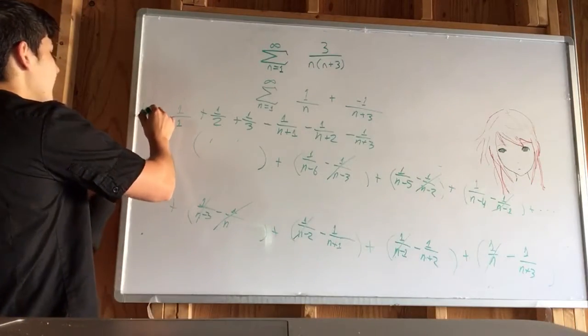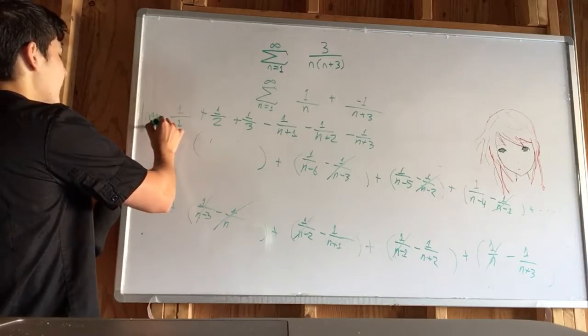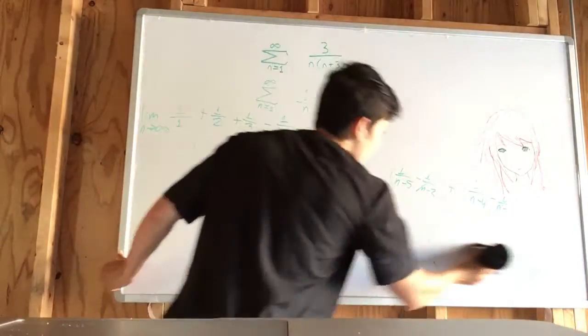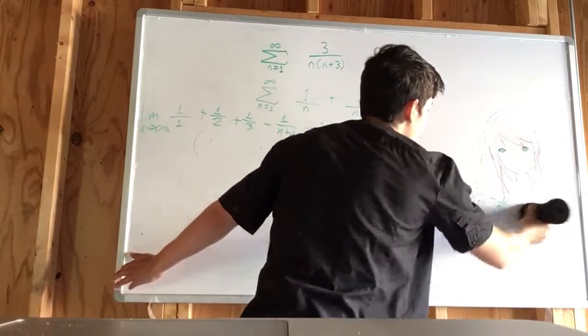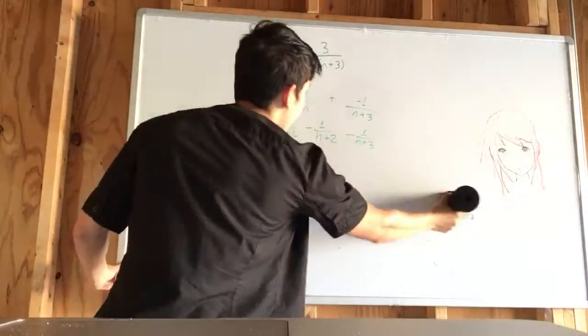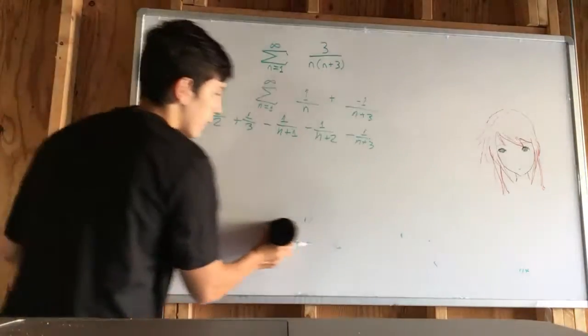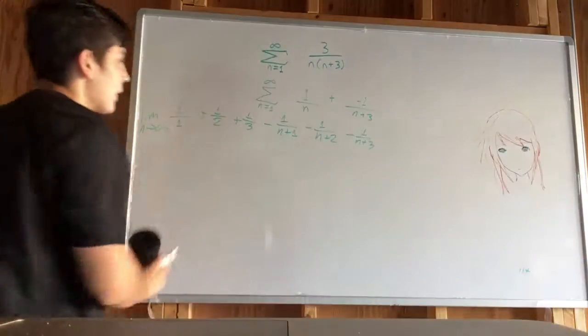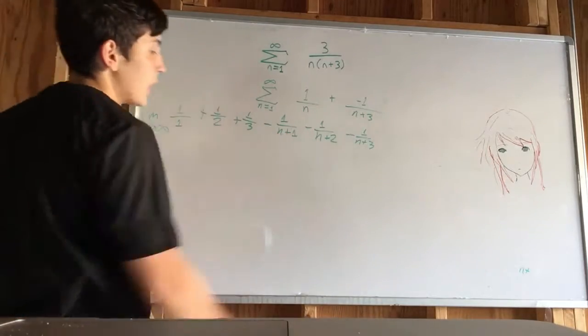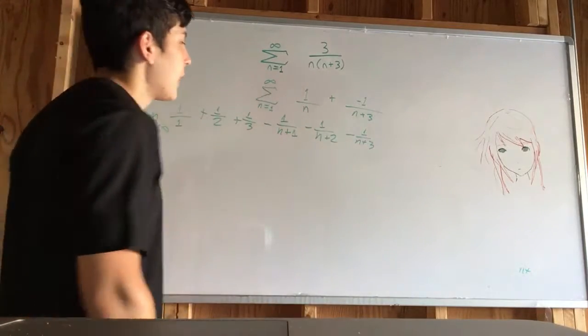Now we take the limit as n approaches infinity of that, and that will give us 0 in those denominators, because obviously infinity plus 1 is infinity, infinity plus 2 is infinity.